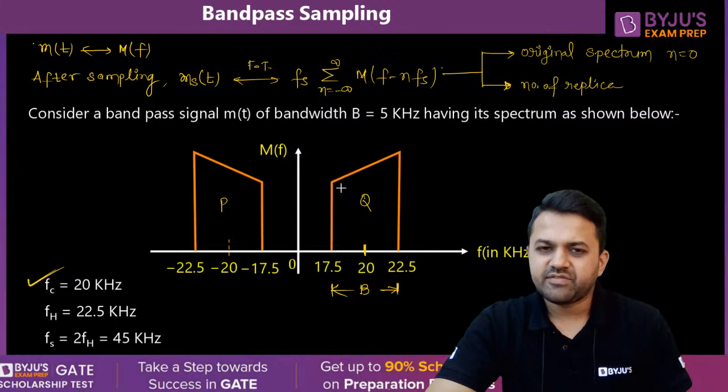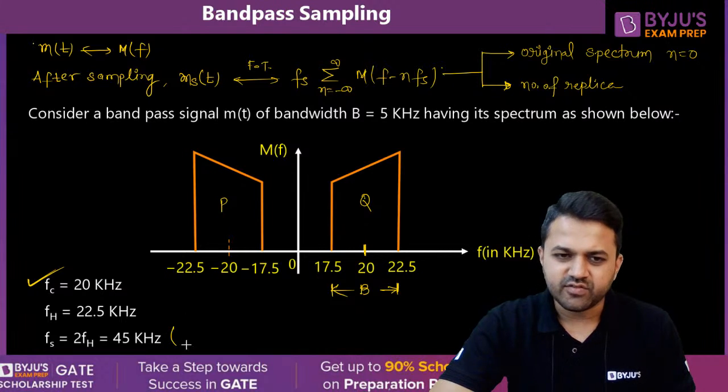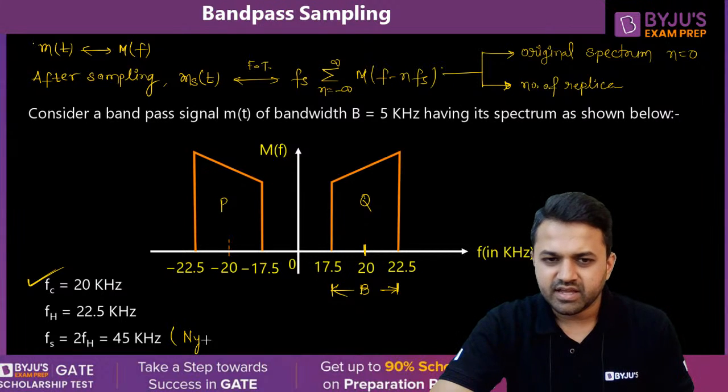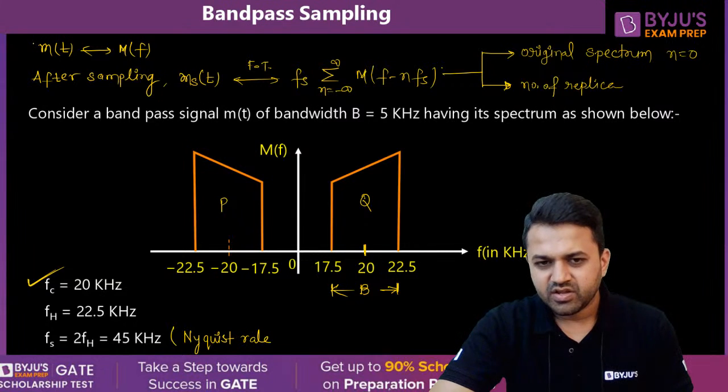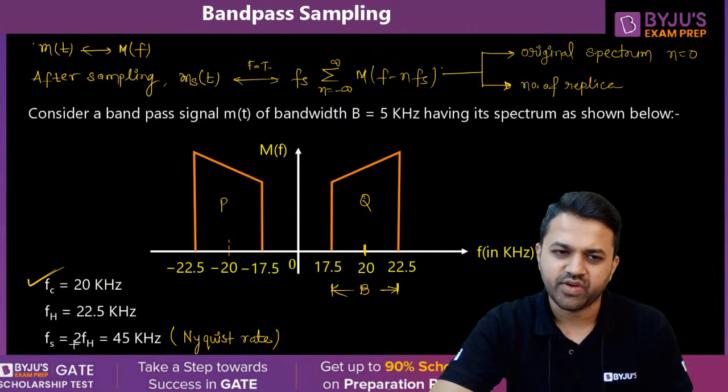Now we have the message signal, which has a pair of components P and Q centered at 20, and the highest frequency is 22.5. According to the Nyquist rate, which is twice the highest frequency, 2 into 22.5 is 45.